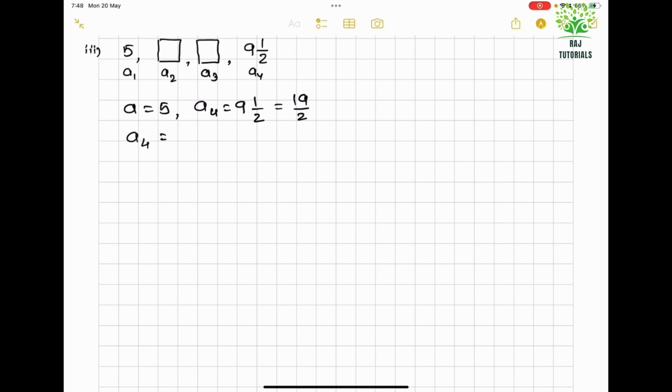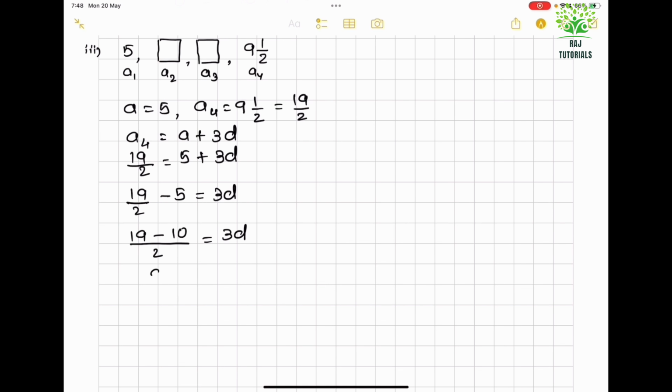Now a_4 will be a plus 3d. 19 by 2 equals 5 plus 3d. 19 by 2 minus 5 equals 3d. So doing LCM, 19 minus 10, 3d. 9 by 2, 3 is in multiplication, so here it will be divide. So d will be 3 by 2.